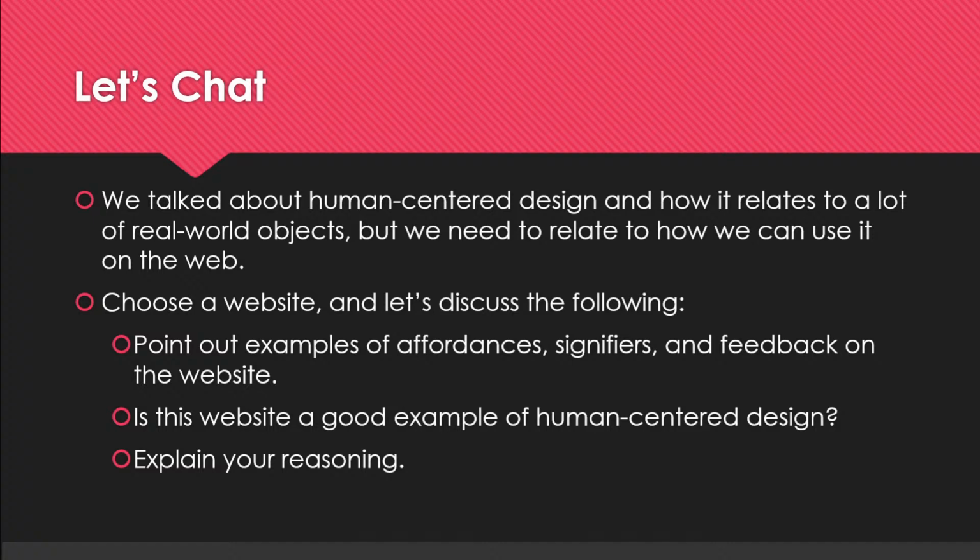I want you to take a website and point out examples of affordances, signifiers, and feedback on that website. So what are some things that items on this website look like they do? What are some things that this website tells you the items on this site do? And how does it explain to you whether or not you did it right?